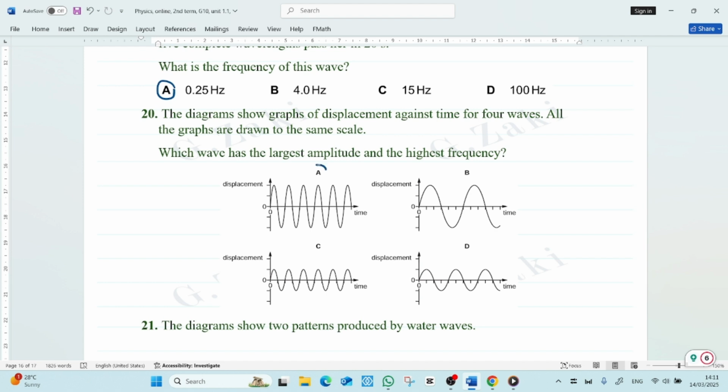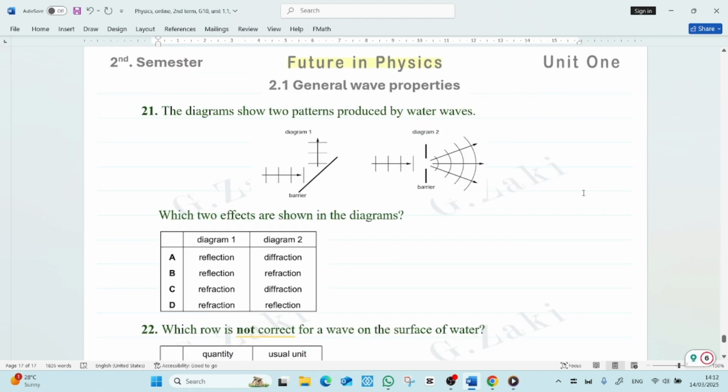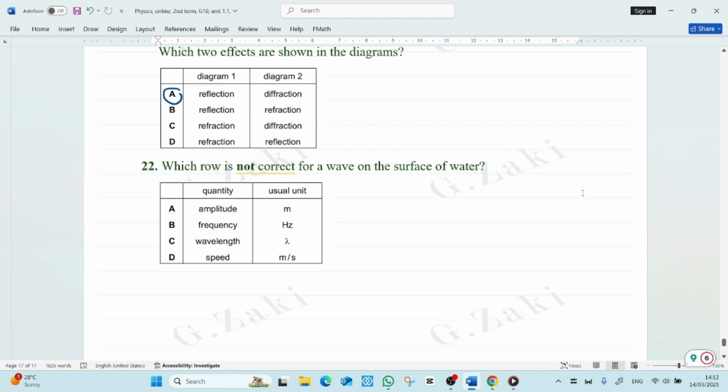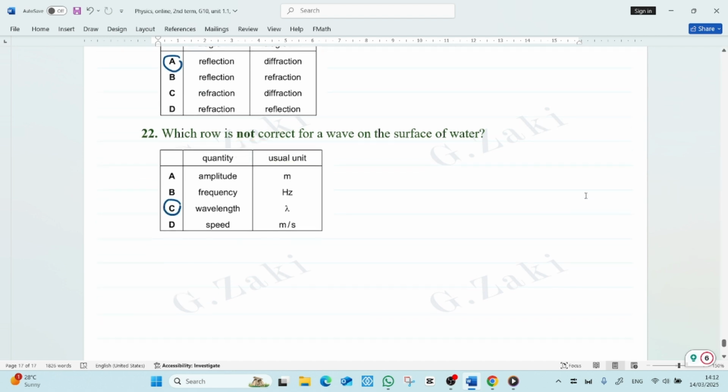The answer is A. Question number 21. The answer is A. Question number 22. The answer is C.